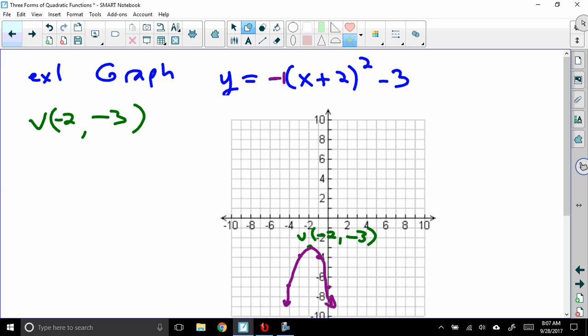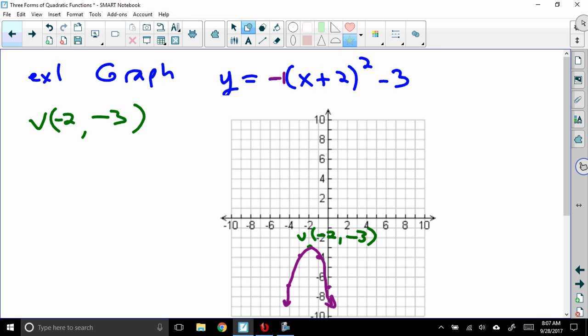In about 2 or 3 weeks' time, we're going to be doing the skill that bridges the gap from junior varsity math to varsity math. It starts with an F. Not foiling, factoring.